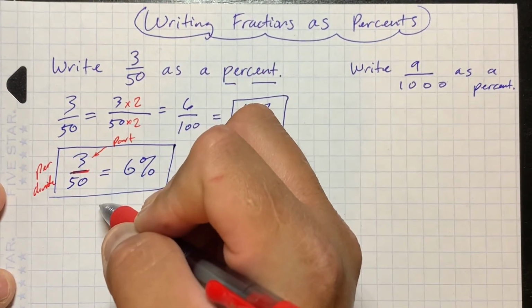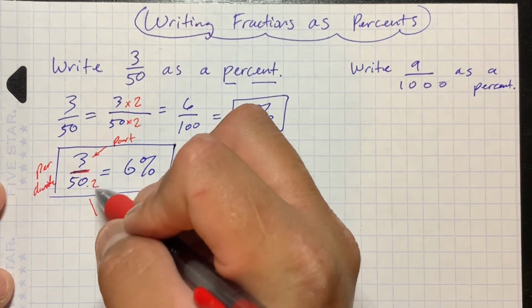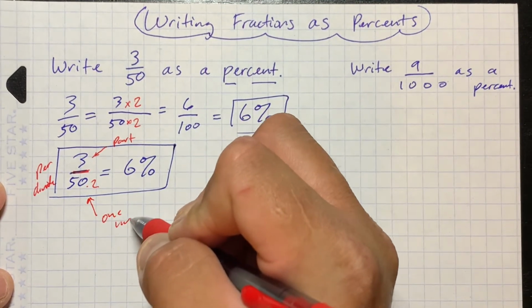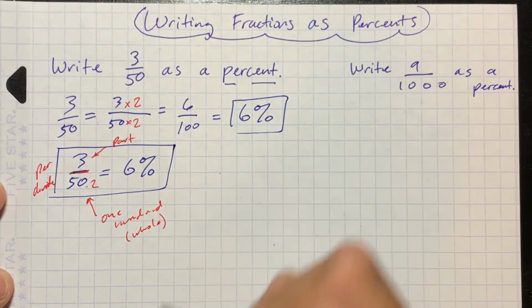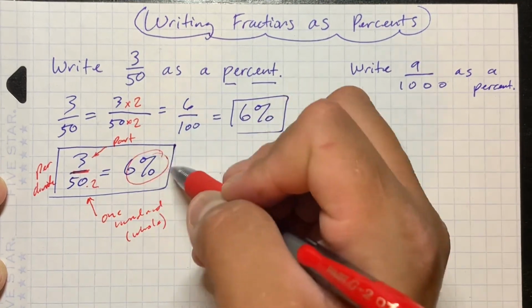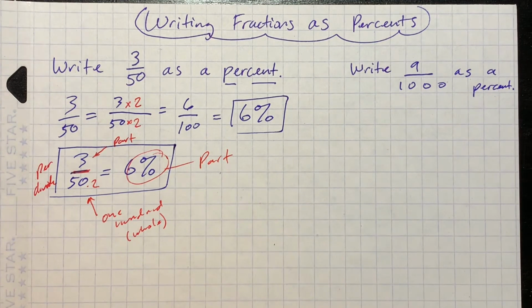The denominator, if we multiply this by 2, should be 100, basically one whole. And again, this fraction right here is another part. So that's what we mean by writing fractions as percents, or percents as fractions, or even going as far as writing a decimal as a percent, and so on and so forth.